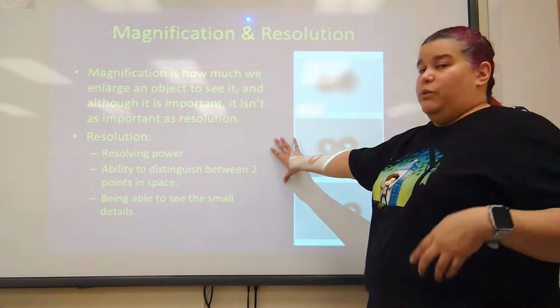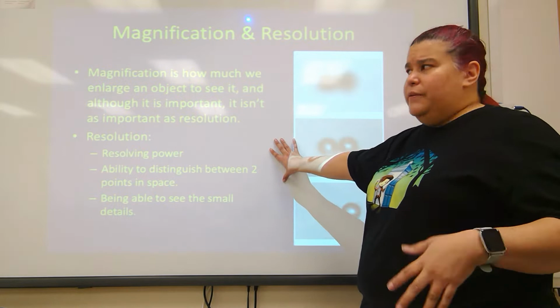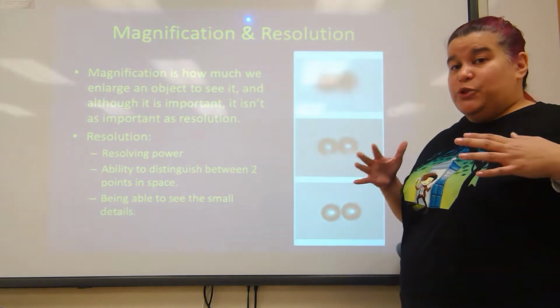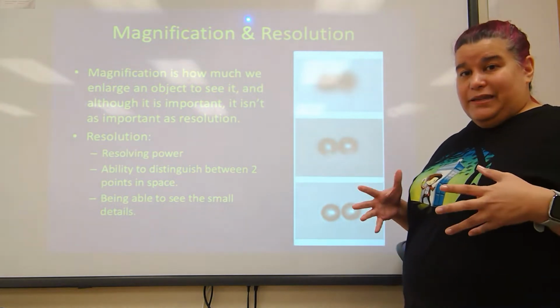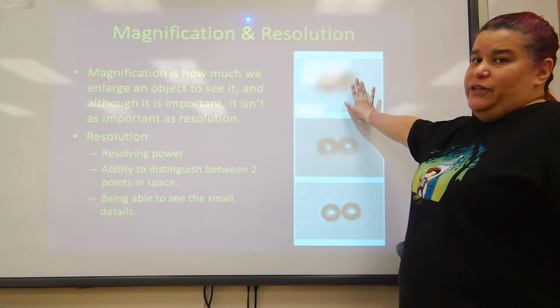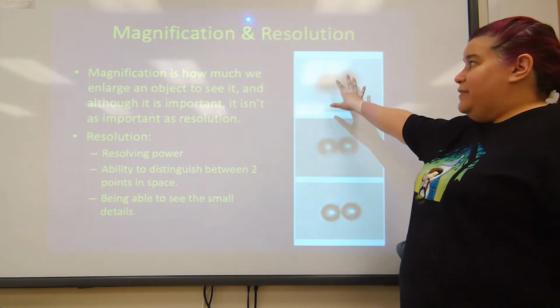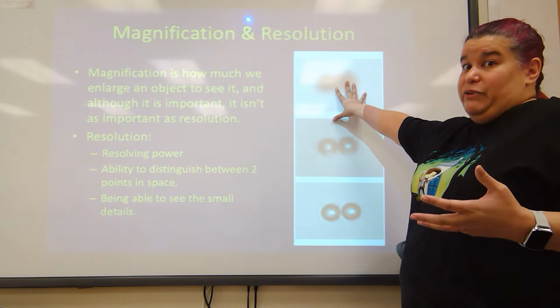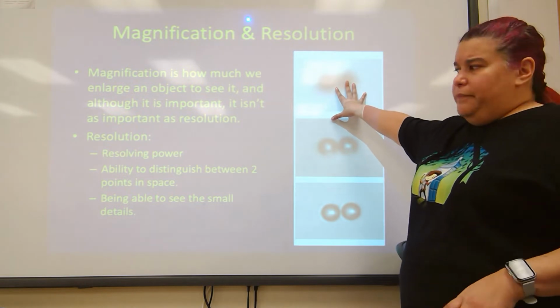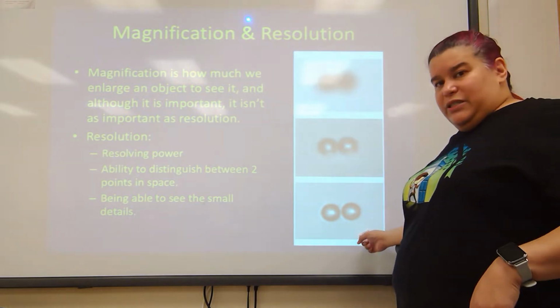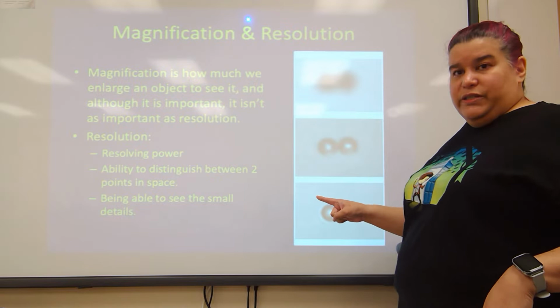The resolution, or the resolving power, is the ability to distinguish between 2 points in space. Here, I don't even know that I have two bubbles that I am looking at because the amount of resolution here is so poor. Being able to see small details, that's resolution.